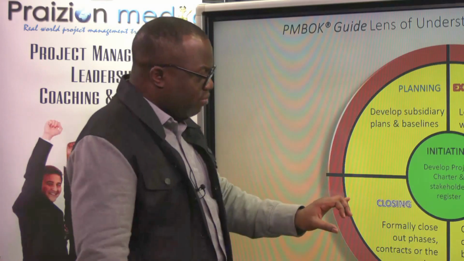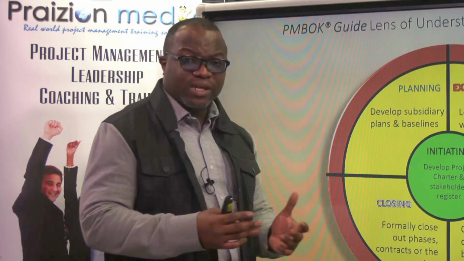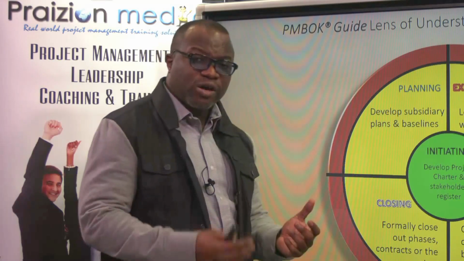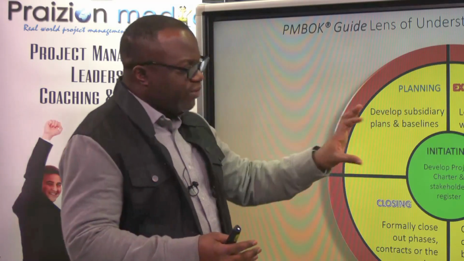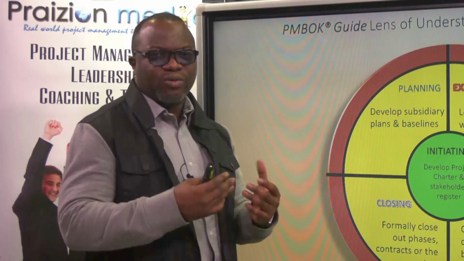Very important. So when we talk about closing, you could be closing out a phase, you could be closing out the entire project, you could be closing out a contract in a project. So all of these perspectives will further help you understand the questions.